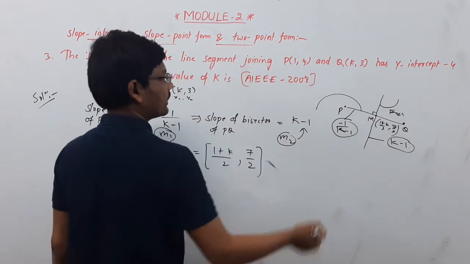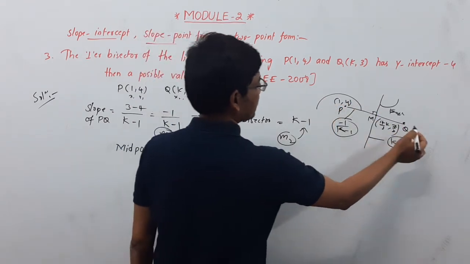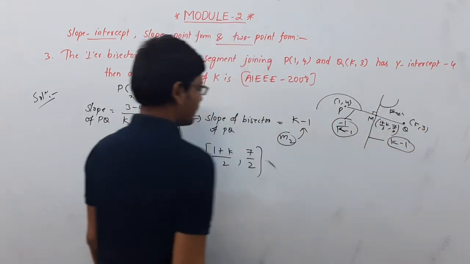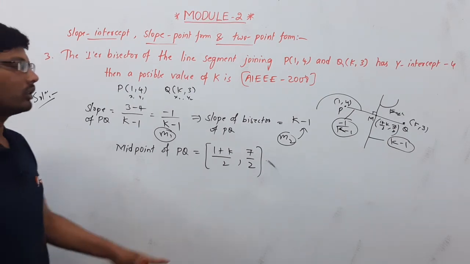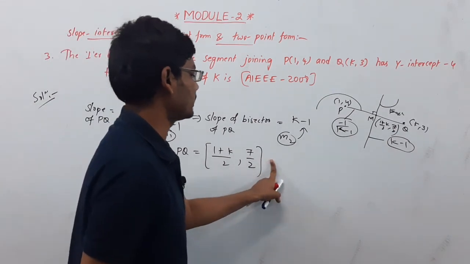This is the midpoint here. This is (1, 4) and this is (k, 3). So the midpoint formula is (x1 plus x2) by 2 comma (y1 plus y2) by 2.